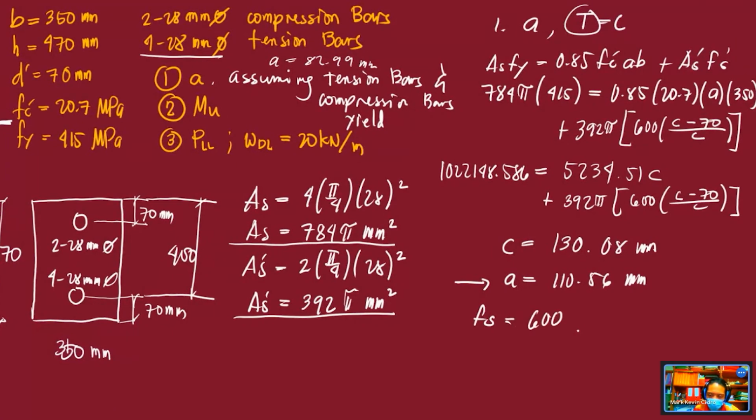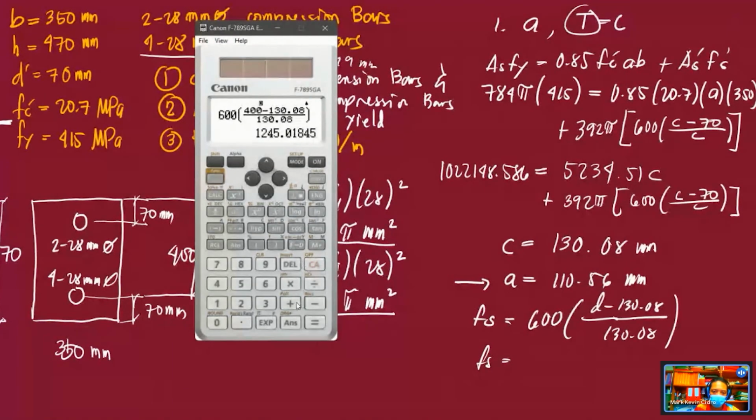This is 600 multiplied by D minus C, this is 130.08, over 130.08. So your Fs is equal to 1245 megapascal. Obviously, this is way beyond the value of Fy here.